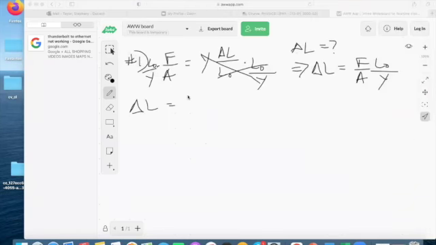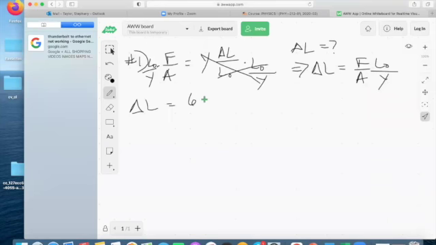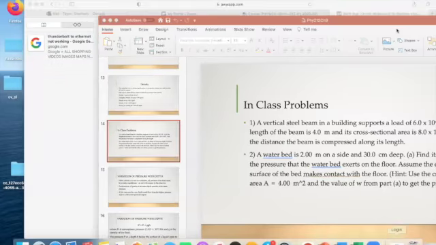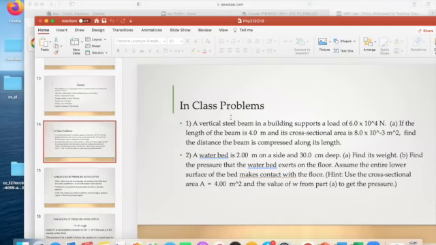All right, so the force, again, that was 6 times 10 to the 4 newtons. Our original length was 4 meters. The area that they gave us was 8 times 10 to the minus third meters squared. And then our Young's modulus, again, this is a constant depending on the material. And here they told us the material was made of steel.